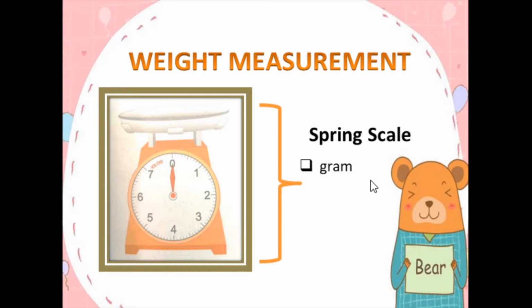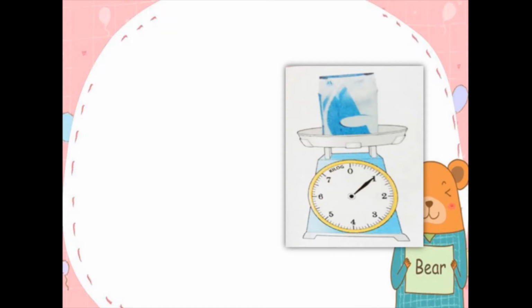Now, a spring scale has the units called gram for light objects and kilogram for heavy objects. Let's try, for example, this one.